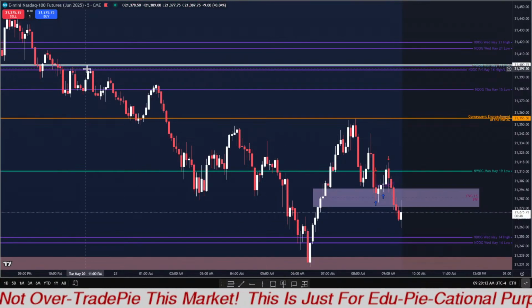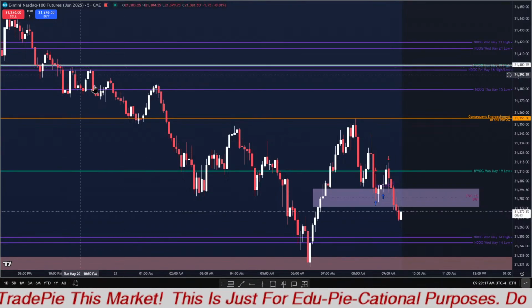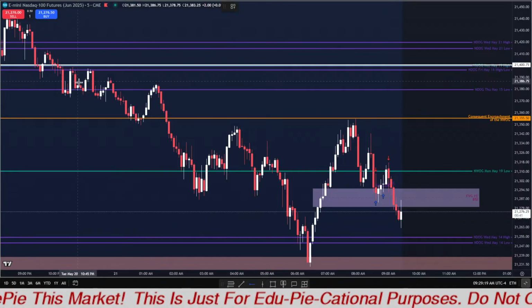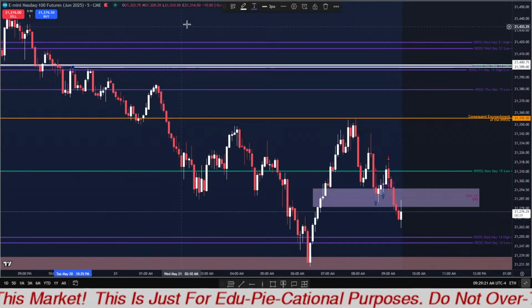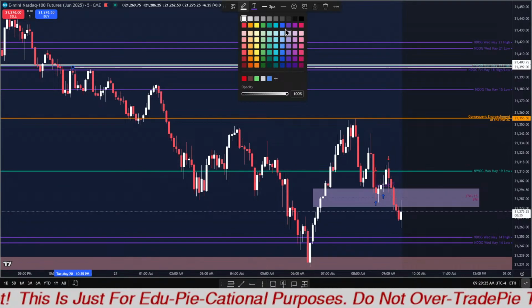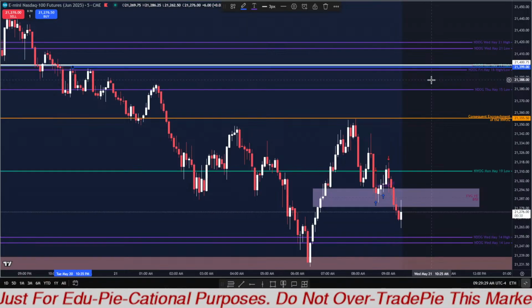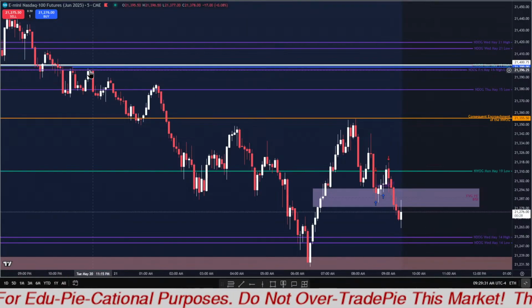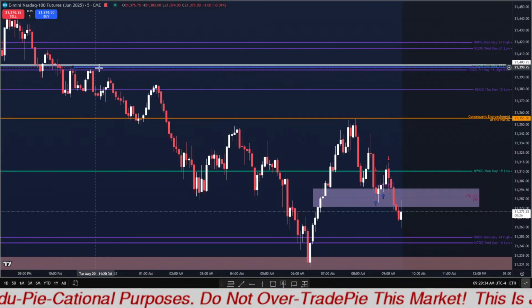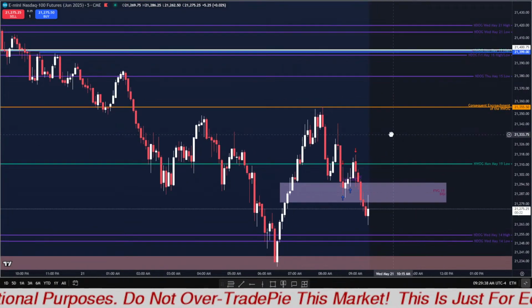We have a very smooth area resting in the marketplace that creates the buy side liquidity from the end of the Asian session. And yeah, I think this buy side liquidity is also coupled with the settlement price of yesterday's trading session.